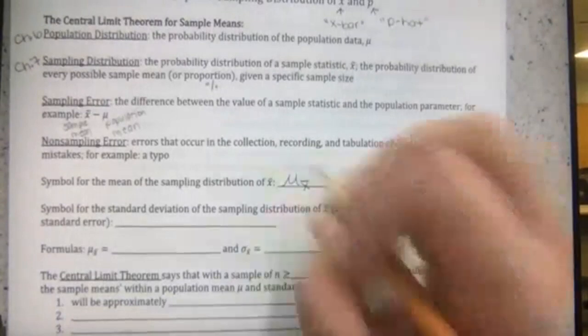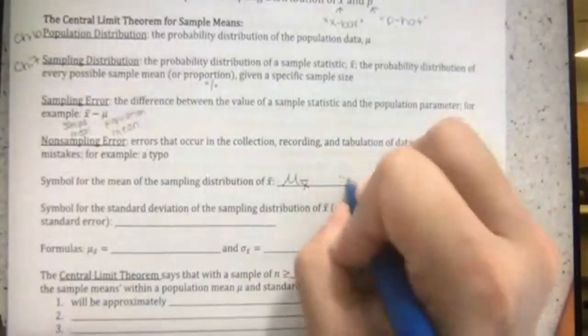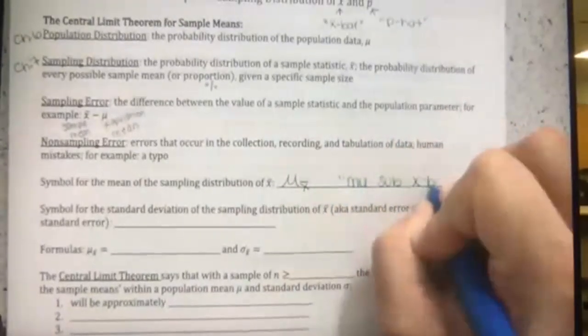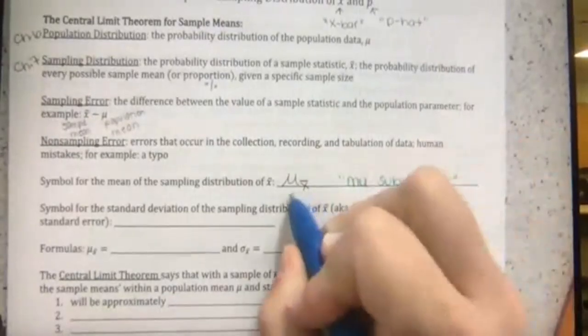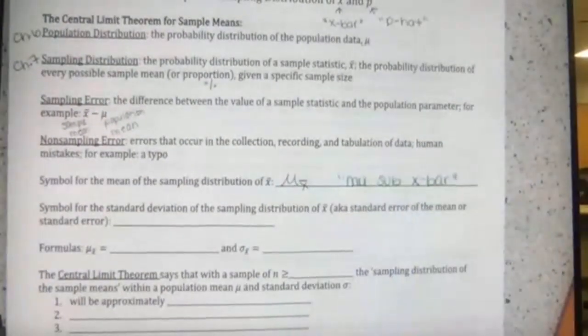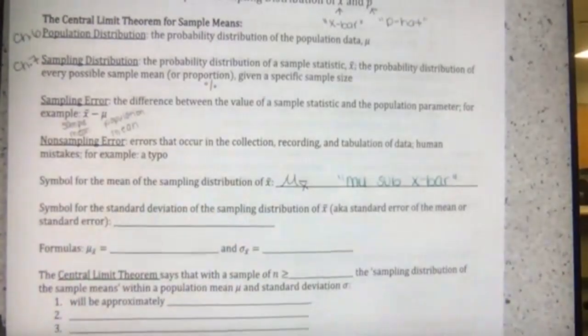And we say this as mu sub X bar. Mu is the population mean. It's a subscript, so sub X bar is our sampling mean. So this is the mean of the sampling distribution of X bar.